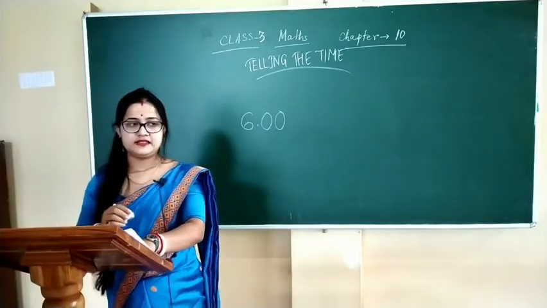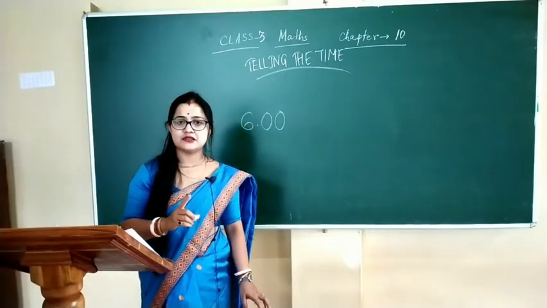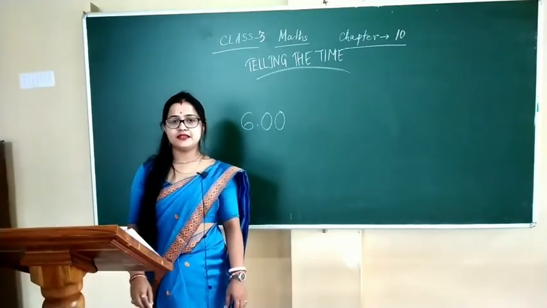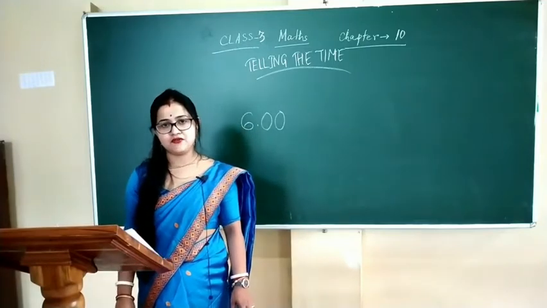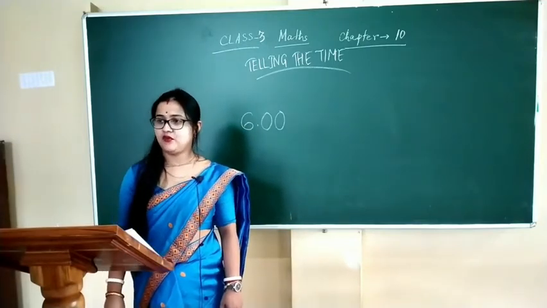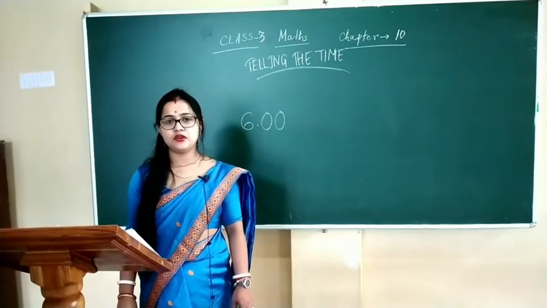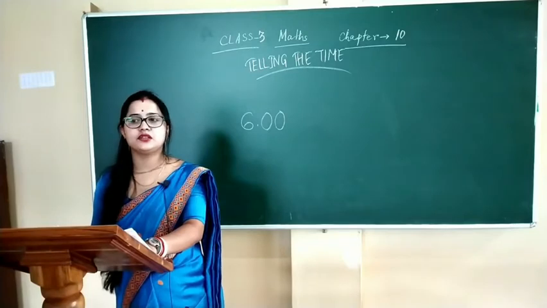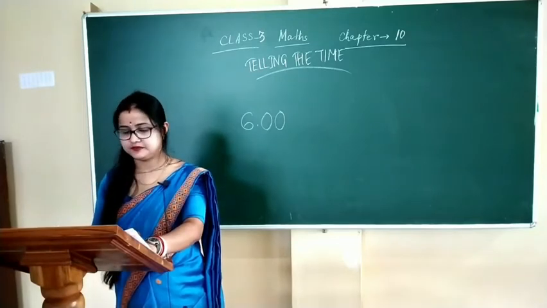Okay? See, 60 minutes is equal to 1 hour. 30 minutes is equal to half an hour. And 1 day is equal to 24 hours. 60 seconds is equal to 1 minute.